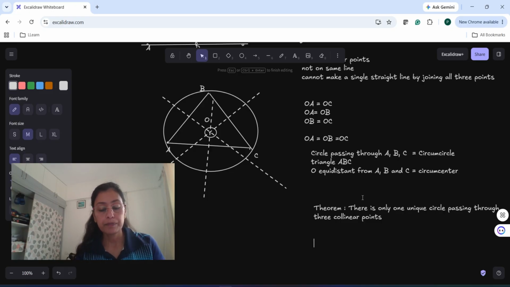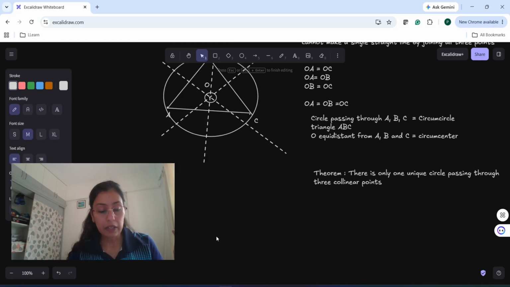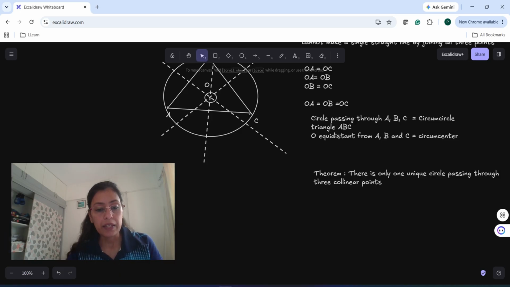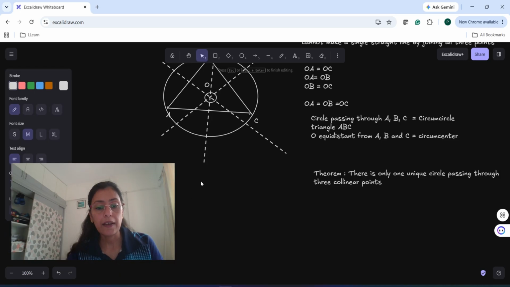What you can try doing is you can take three non-collinear points, A, B, and C. So what I have done here is I have intentionally taken 3 points which when joined will form an obtuse triangle.